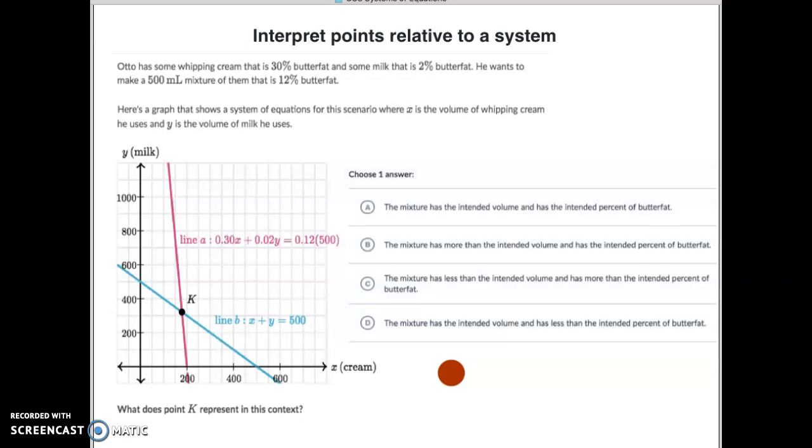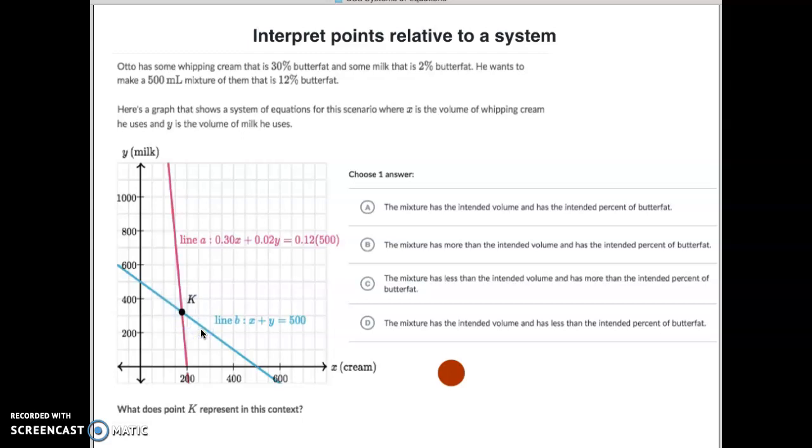It's so easy. In fact, I'm not even sure I need the graph. What we're looking for today is they are making sure you understand this point right here. You'll notice where those two lines cross. It's called an intersection, okay? And we are interpreting that intersection. What does that point right there mean?